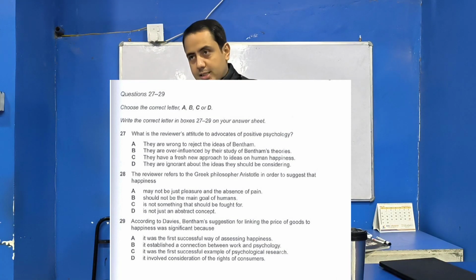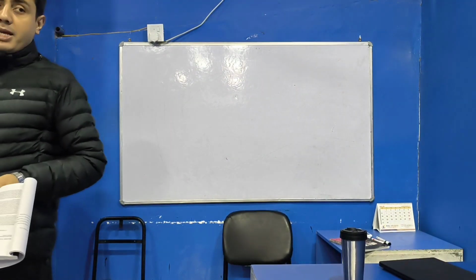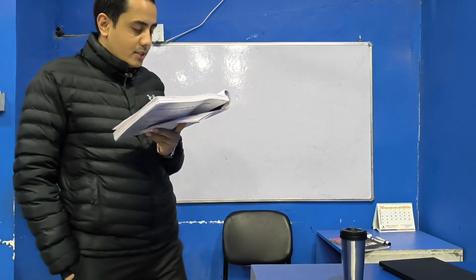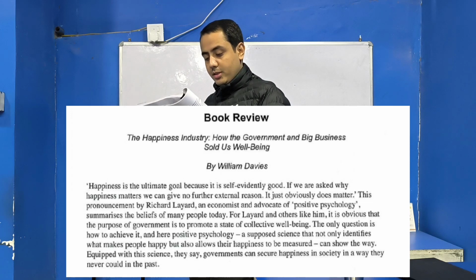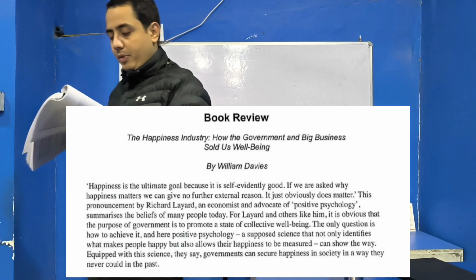In the text, let's search for positive psychology. So go over the text and see if you see positive psychology. The first thing is we have to understand what is positive psychology. Do you see it? Just the first paragraph talks about positive psychology. So what is positive psychology?